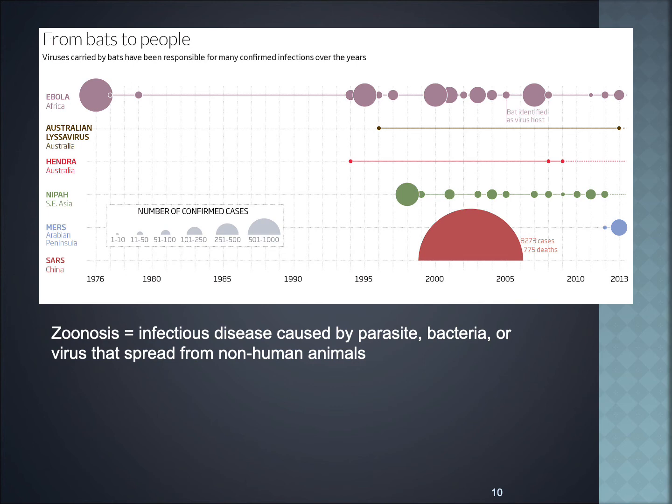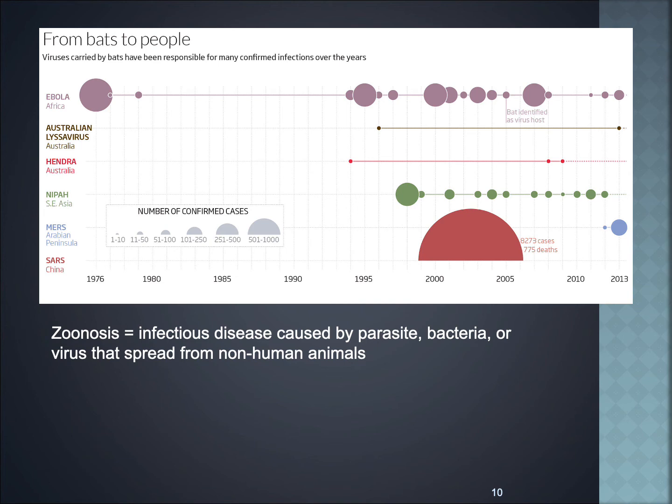But we also want to be paying attention to what diseases are present in animal populations, and can that disease go from the animal population to the human population and vice versa? Do we have diseases that can negatively impact other species? So this particular graphic that we have here is showing us disease transfer from bats to people. And so generally we refer to something that occurs like this as zoonosis.